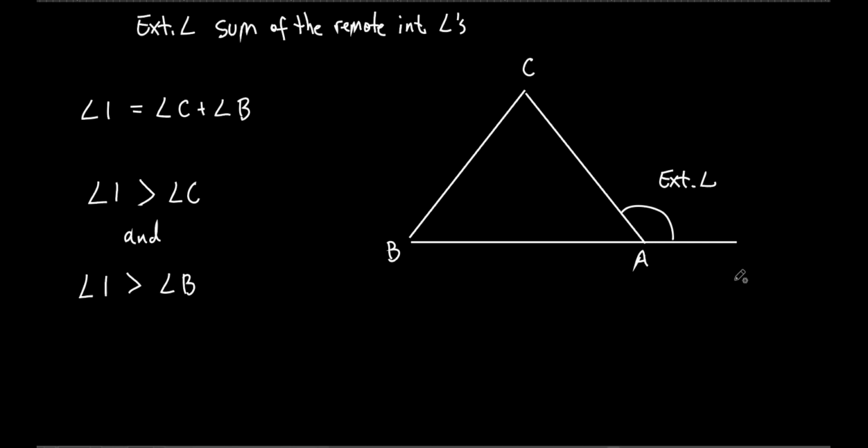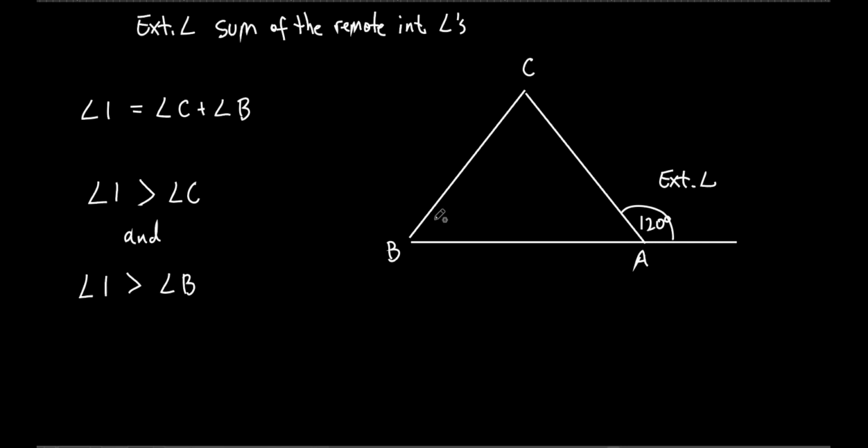Say it again. 150. Okay, that's an obtuse angle. Anything bigger than what? Than 90 degrees. So you said, let's pick something really easy. Let's go like 120. Is that all right? Let's say it's 120.